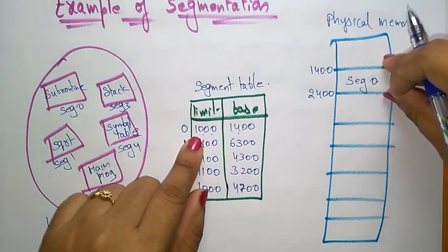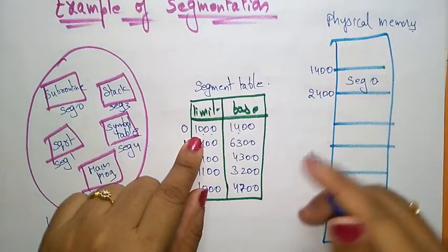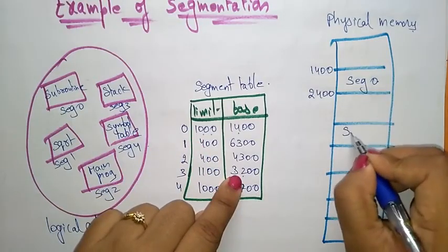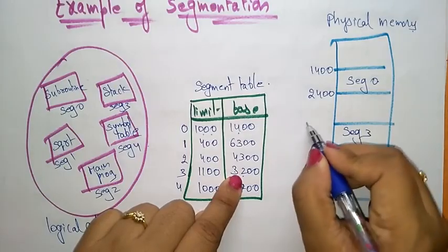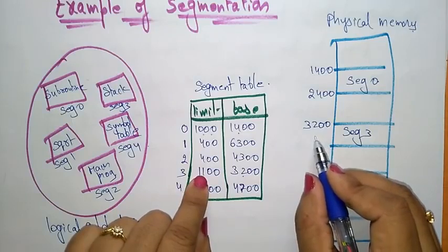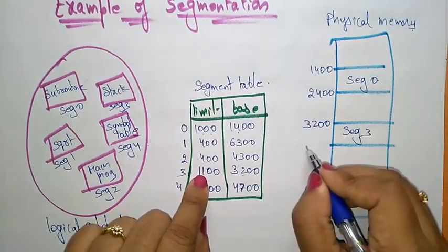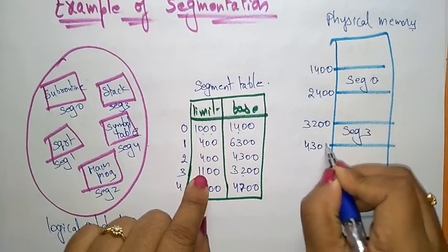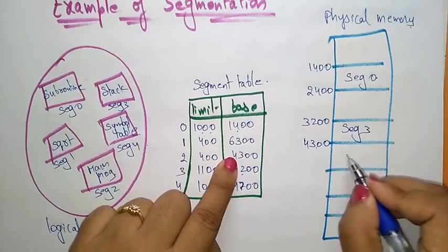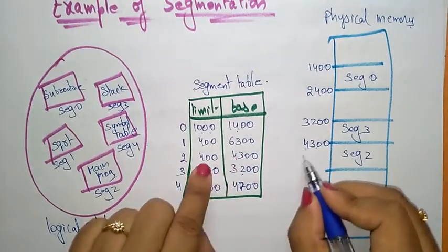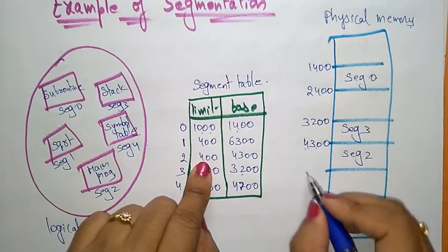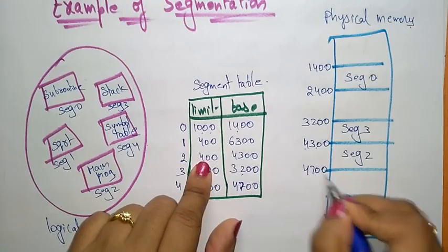Now coming to the next, the starting address 3200, that is segment 3. The limit, the length, is 1100. Just add 1100 to this and it becomes 4300. So the next base address is 4300. Here segment 2 has to be stored and the size of that segment is 400. Just add 400 to 4300 and it becomes 4700.